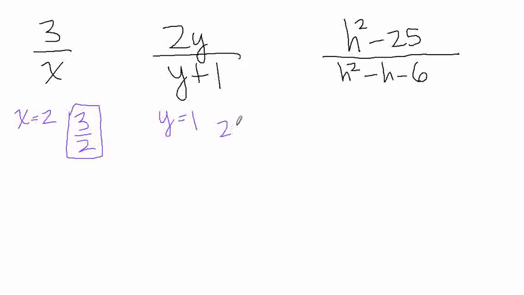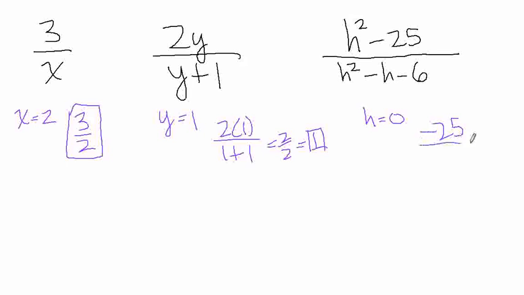So I replace the variable with 1 everywhere, and so that one I would say evaluates to 1. For the last example, suppose we wanted to evaluate it for h equal to 0. So replace h with 0 and you will have 25/6 as what that rational expression evaluates to.